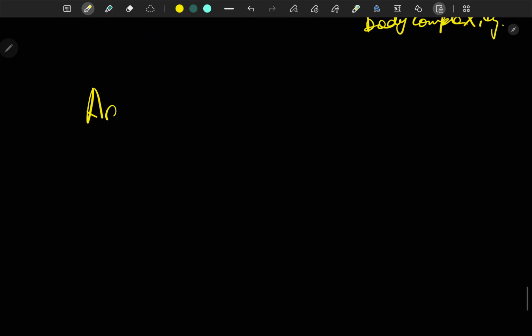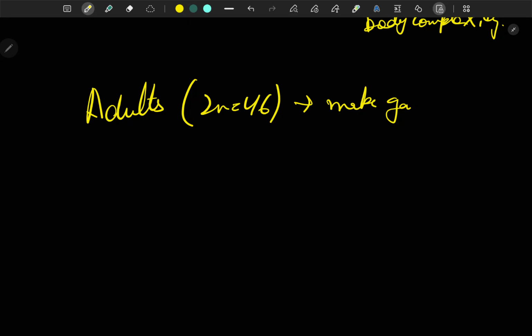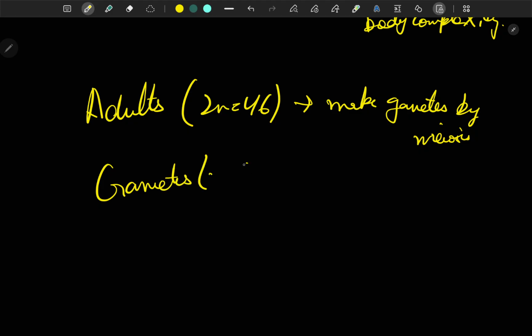Now, how does this fit into the human life cycle? Adults have 2n equal to 46. They make gametes by meiosis, and the gametes have 23.